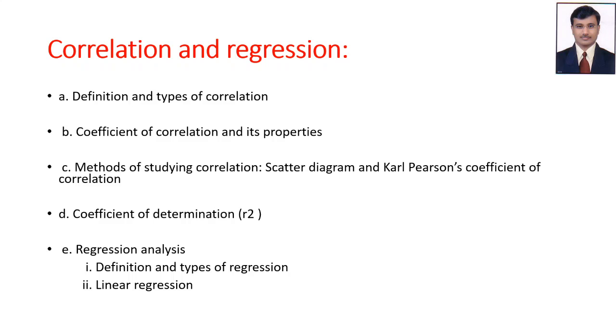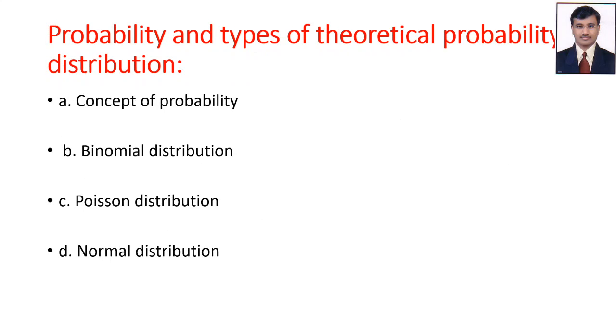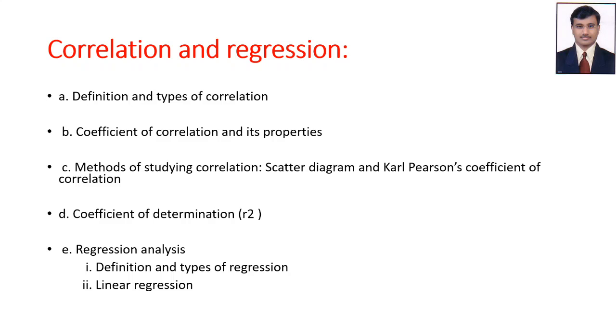Next point, coefficient of determination. And last one, regression analysis. In that point, we have to study two subtypes. First, definition and types of regression, and second one is linear regression. This point we have to study in the correlation and regression topic.